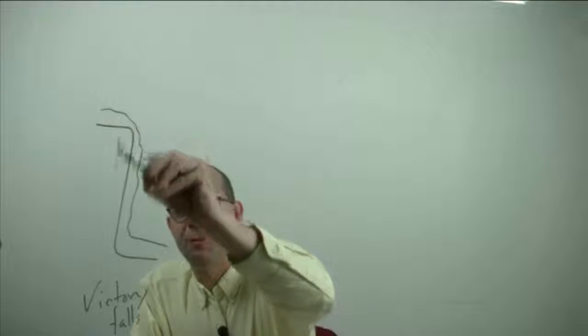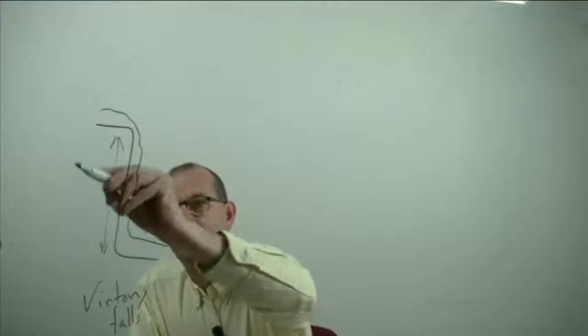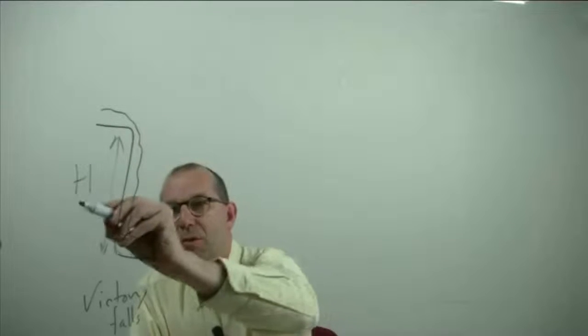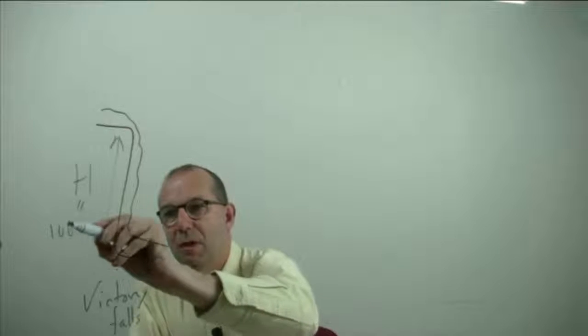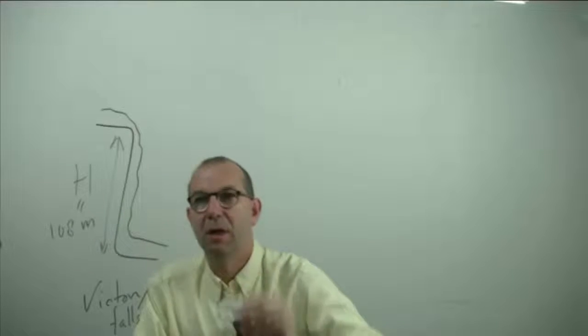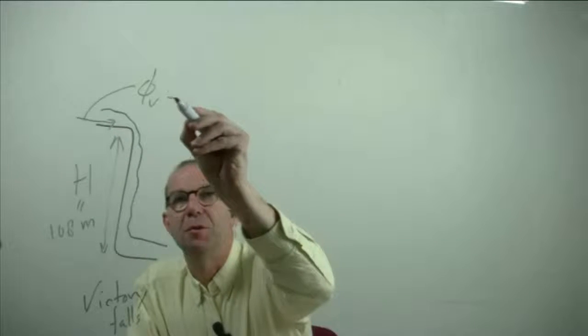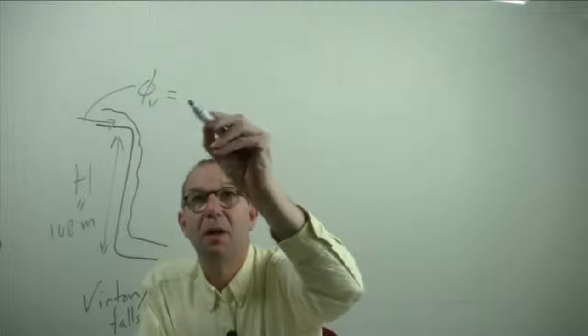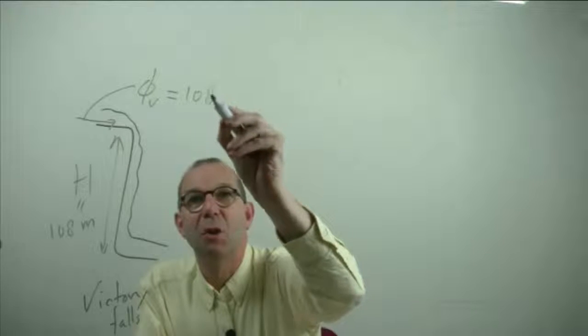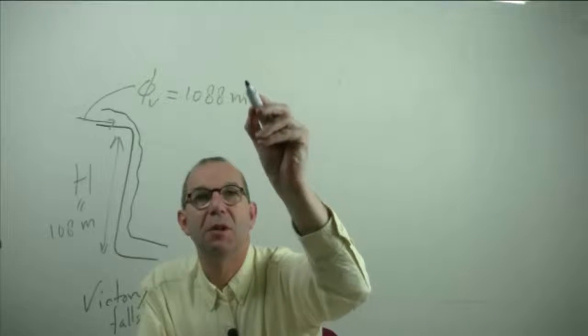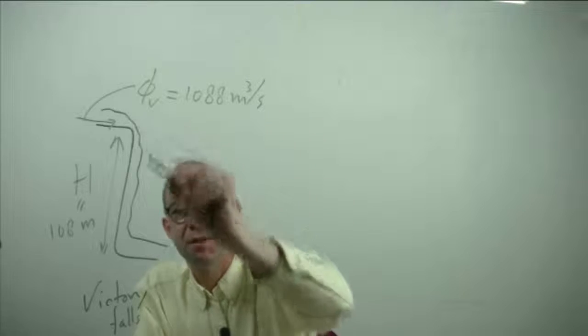These falls are impressive. The drop in height is about 100 meters. And the amount of water flowing is huge. It's almost 1100 cubic meters of water per second that splashes down.